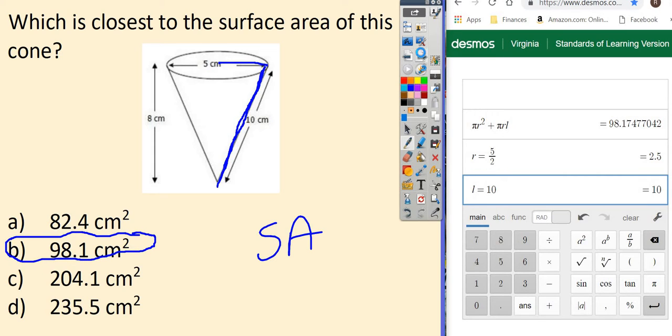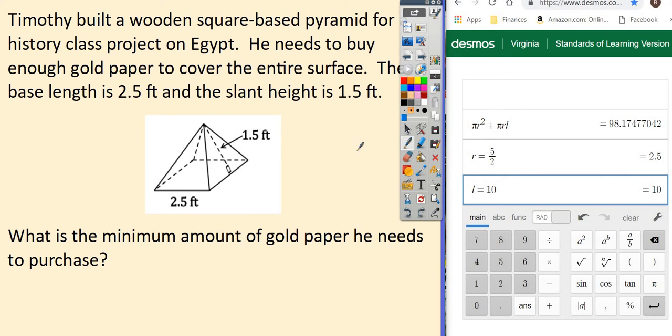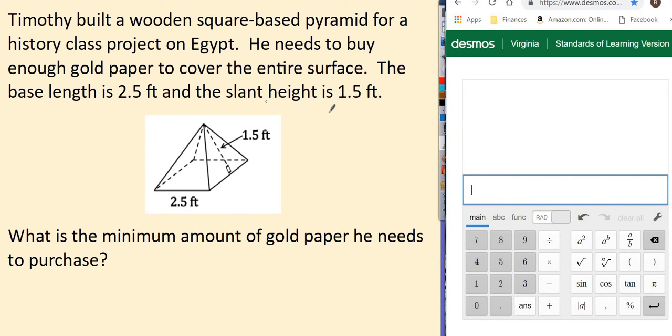Okay, so now let's go on to the next one. This one says, Timothy built a wooden square-based pyramid for history class and he needs to buy enough gold paper to cover it. So that means he is looking for surface area here. Okay, the base length is 2.5 and the slant height is 1.5.